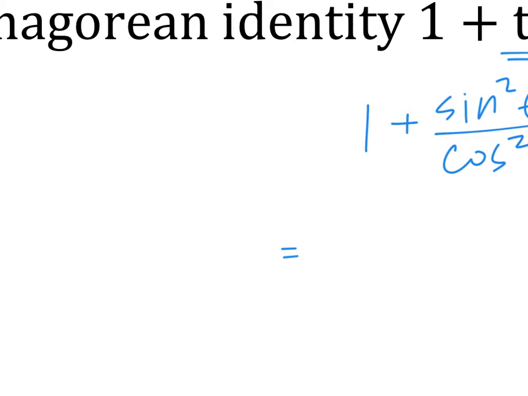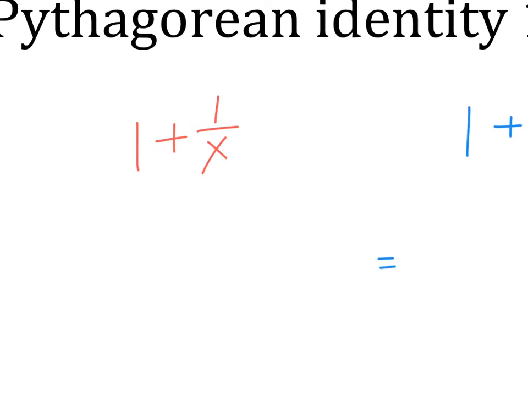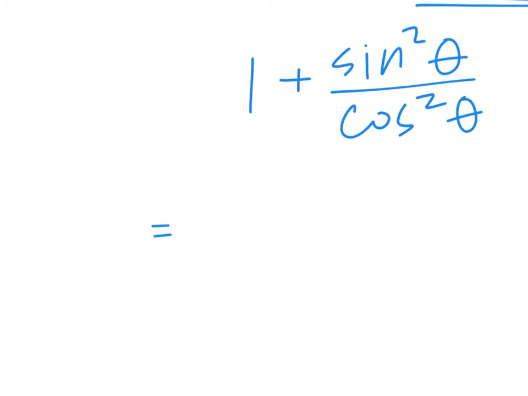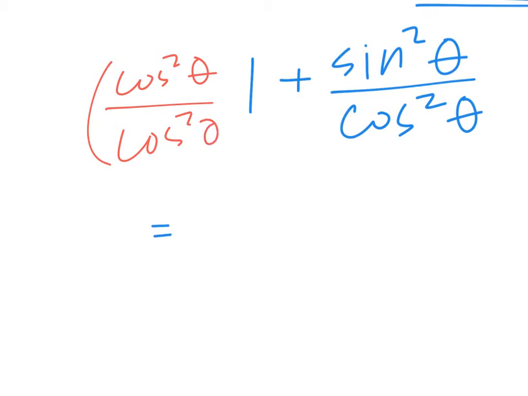So for example, if I have 1 plus 1 over x, how do I combine them together? Times what? x over x, we have to have this common denominator. So we have to multiply by whatever the denominator is, top and bottom, numerator and denominator. So we need to multiply by cosine squared over cosine squared.